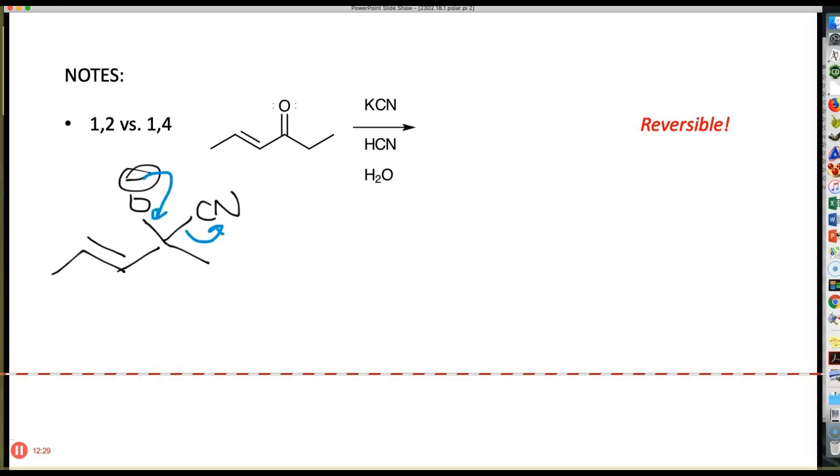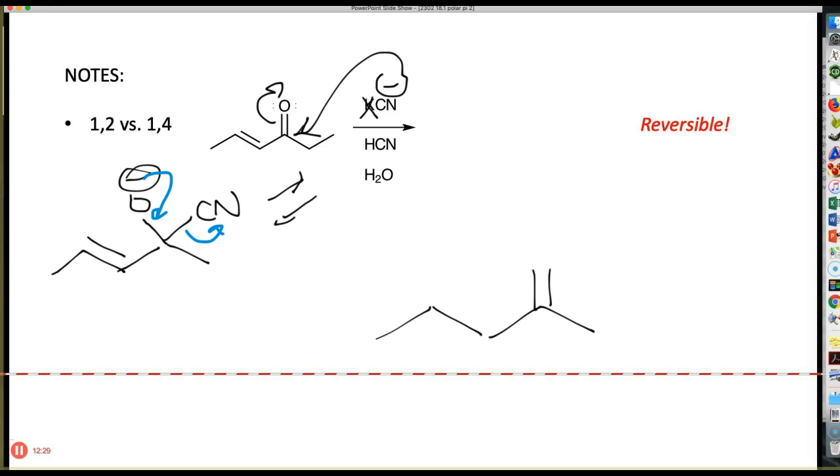And what we know from chapter 17 is that if this reaction proceeds reversibly, ultimately when my CN- adds here instead, and I get this intermediate, that's a more stable intermediate.